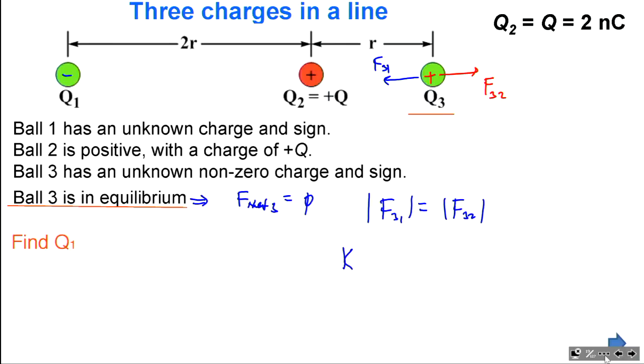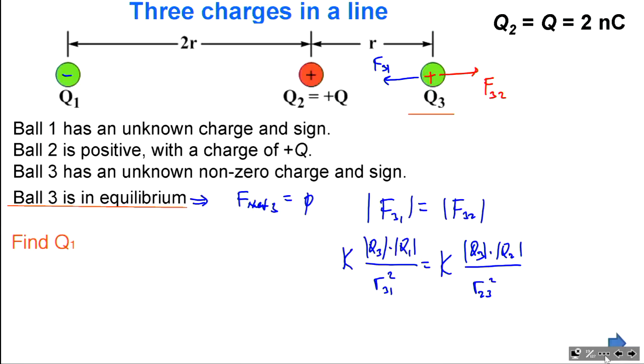k Q3 Q1 over the distance between charges 3 and 1 squared, equals k Q3 Q2 over the distance between charges 2 and 3 squared. That's it.